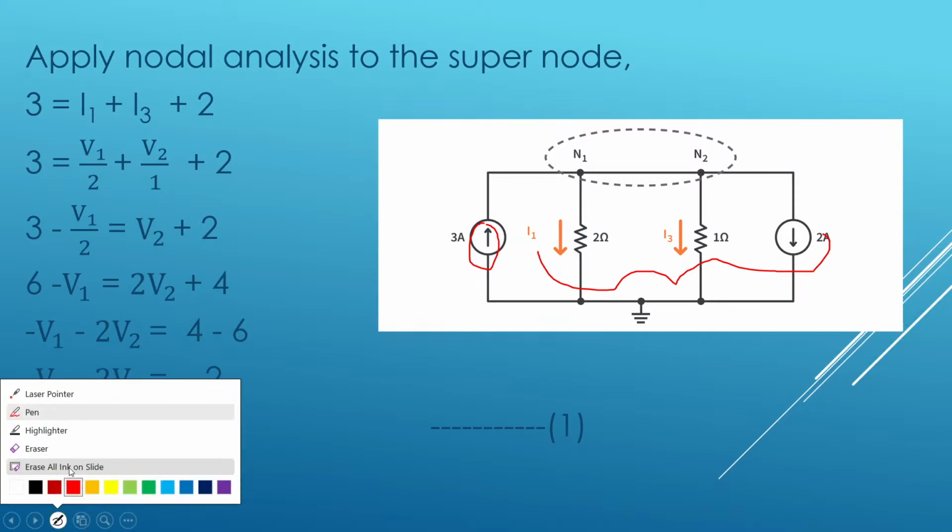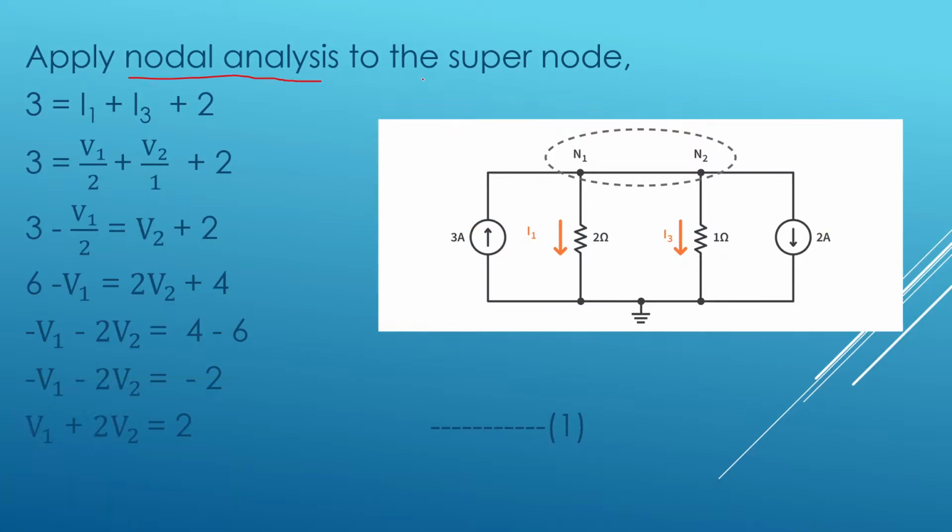Applying Kirchhoff's current law at the super node, what do we get? 3 is equal to I1 plus I3 plus 2. So what is I1? I have already told you, assume node voltages V1 and V2. So I1 is V1 minus 0. I will take this laser.